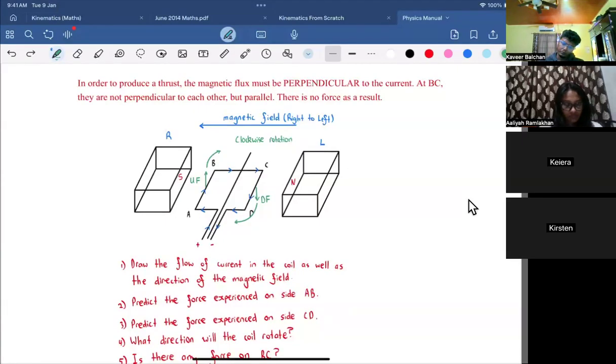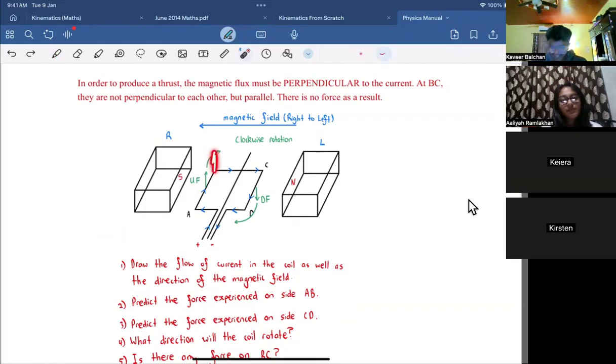Right. Justin and Aaliyah, do you think that BC would experience any force? No. Justin's saying no. Aaliyah, how about you? Do you think BC would experience any force? So look at it, right?